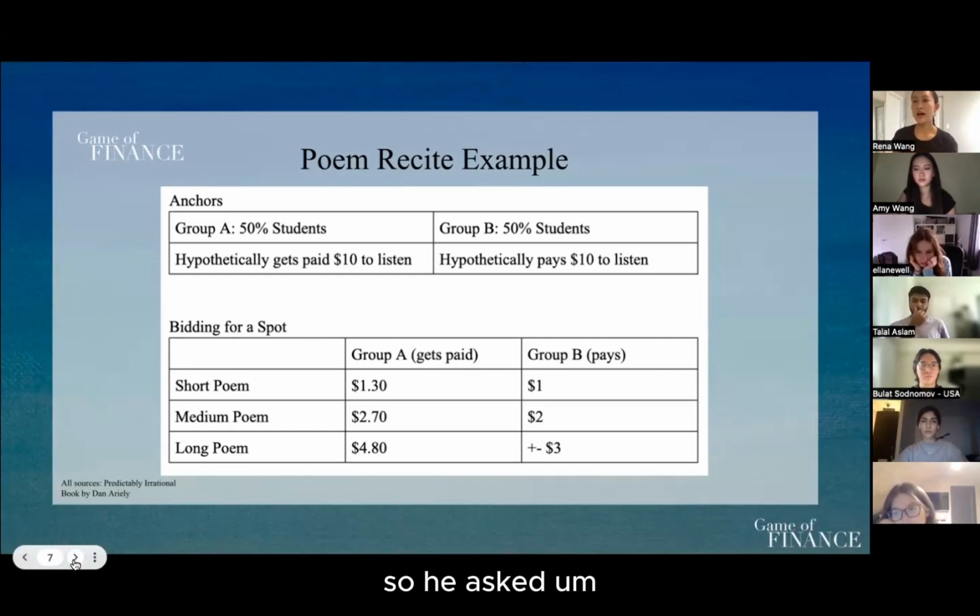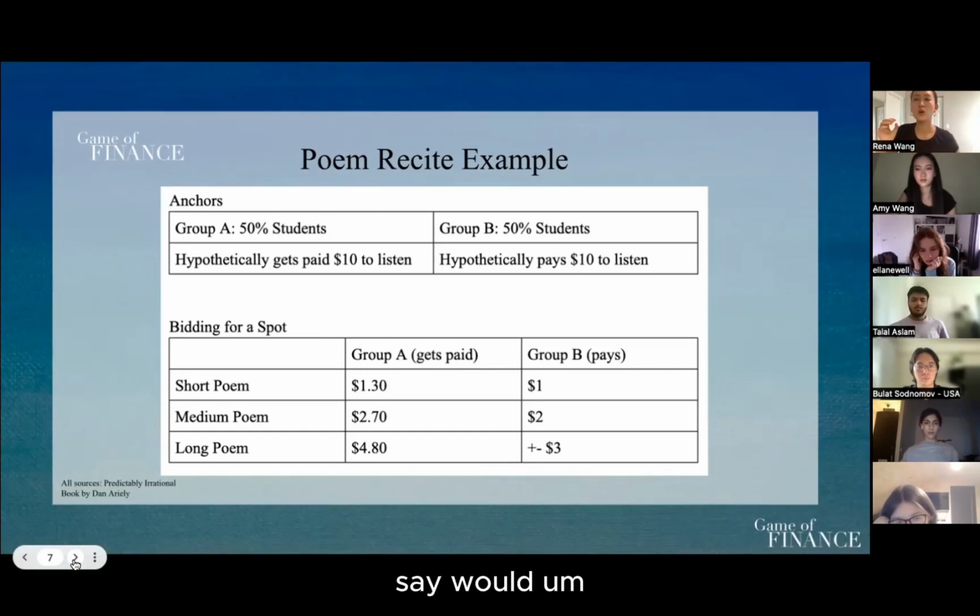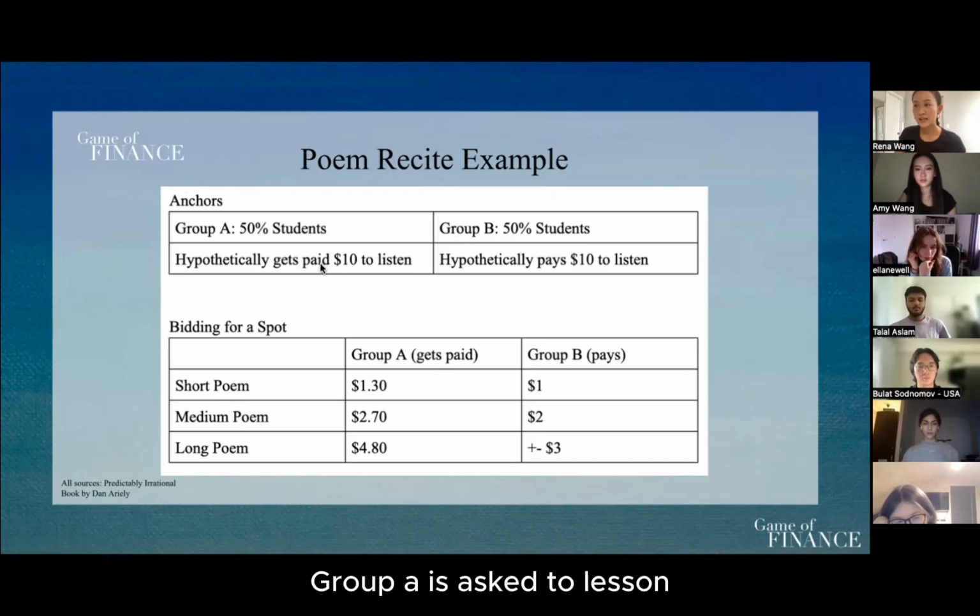He asked half of his class to write down whether they would be willing to pay him $10 to listen to 10 minutes of poetry. And he asked the other half of the class whether they would listen if he paid them $10. So we have group A and group B. Group A is asked to listen. Group B is asked if they will pay to listen.